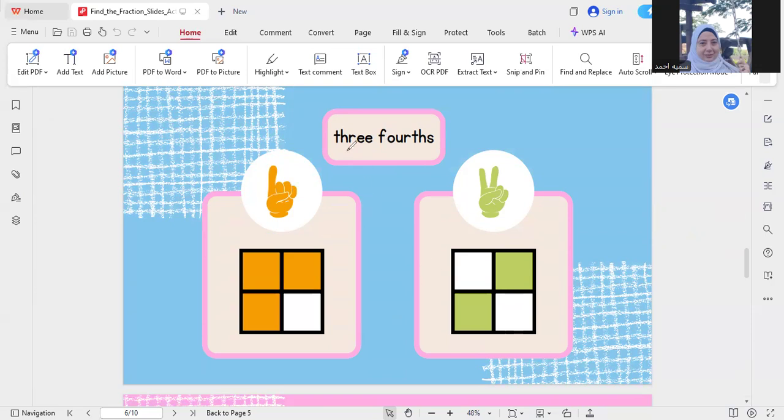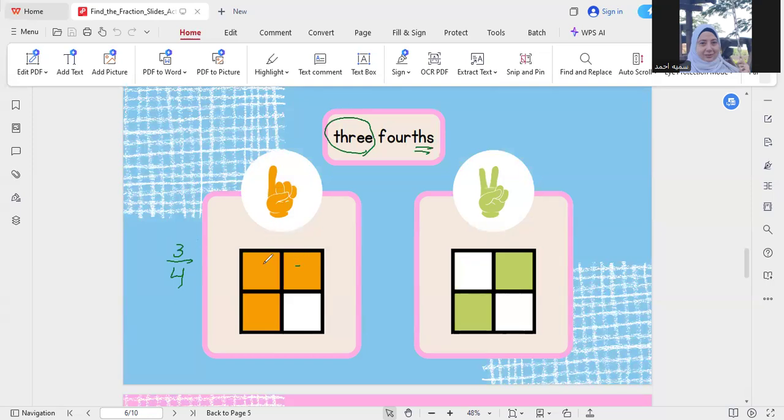Pay attention that we will write the number of the numerator and then write the number of the denominator, and then we will put THS each time to write any fraction in words. Any fraction in words, we can write in word form by putting the numerator, then the number of the denominator, and adding THS.